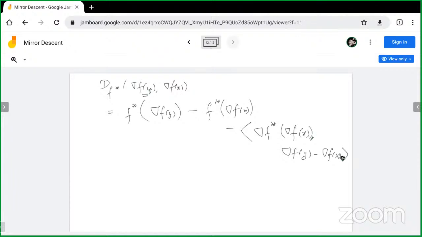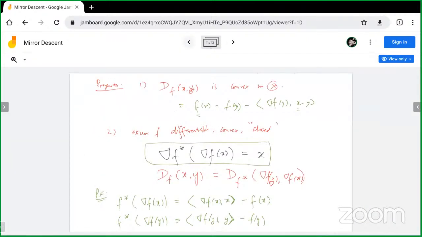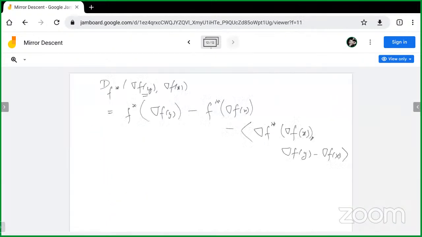Good. Now let's see. I want to use this step from the previous slide: f star at the gradient is the inner product of the gradient with the argument minus the function. Now let's plug that in.